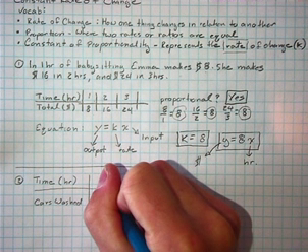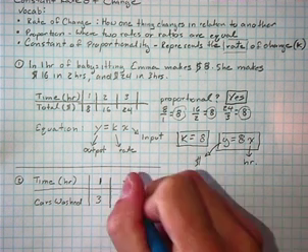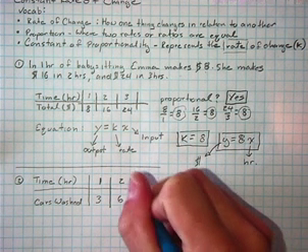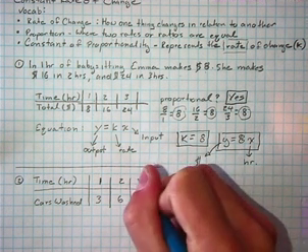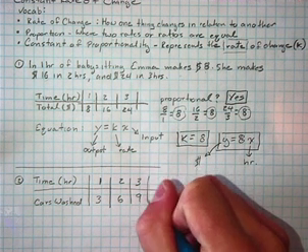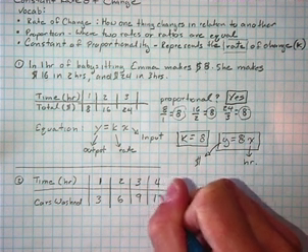In 1 hour, Brad washes 3 cars. 2 hours, Brad washes 6. In 3 hours, Brad washes 9 cars. And in 4 hours, Brad washes 12 cars.